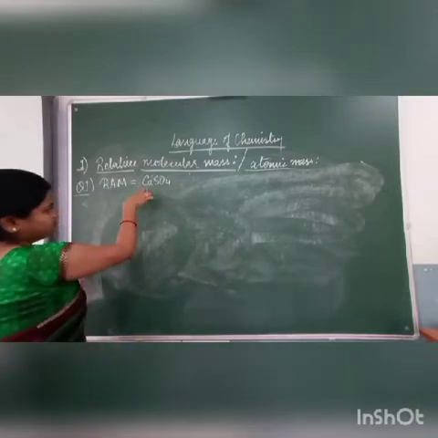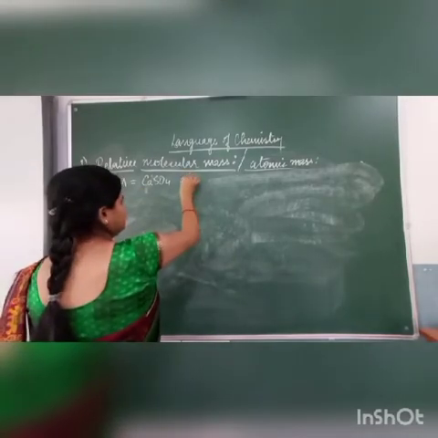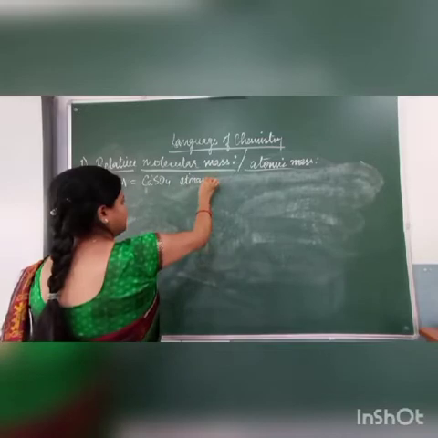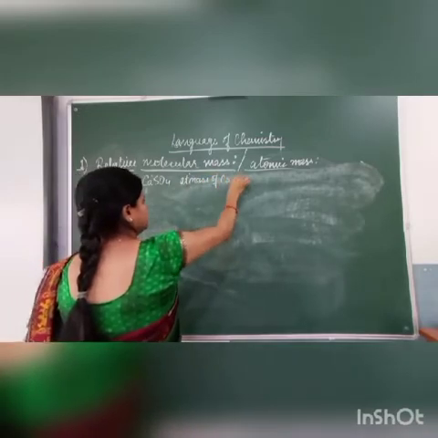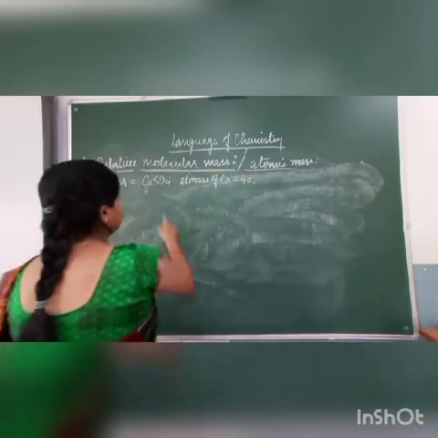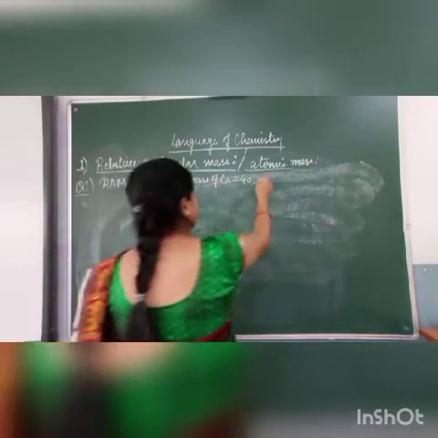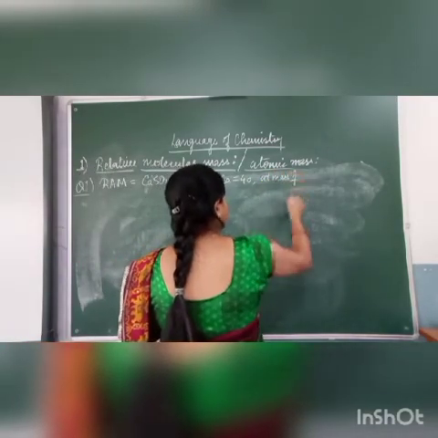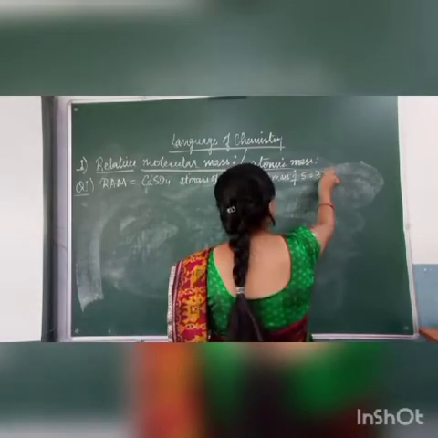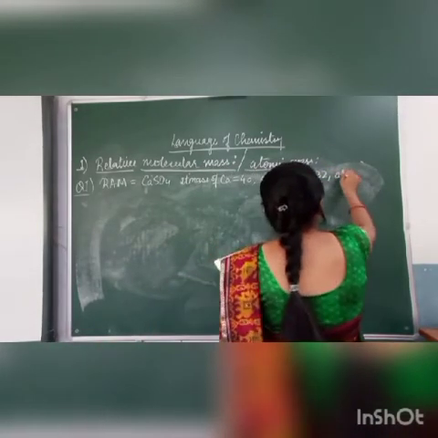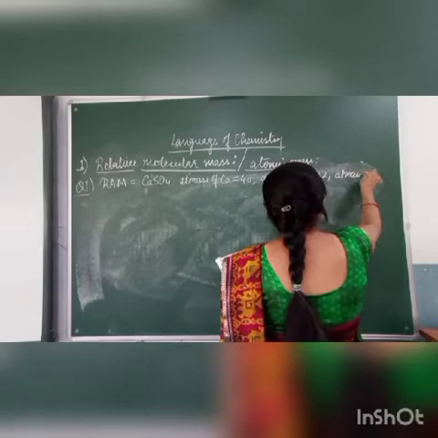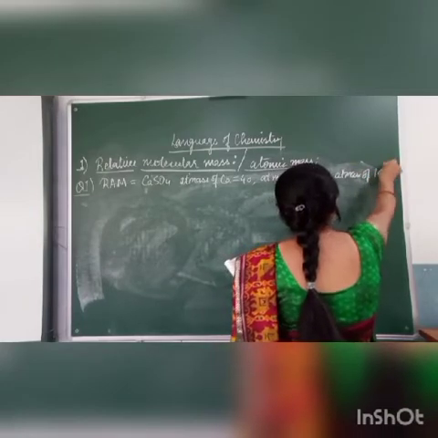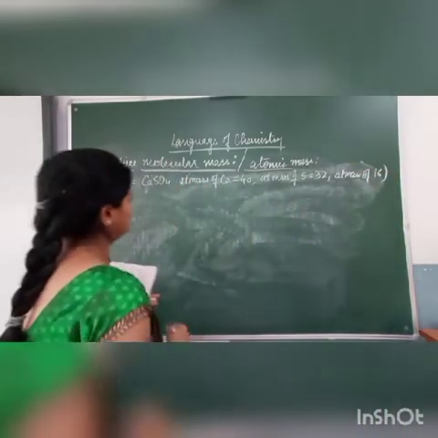Okay. Their atomic mass of calcium is 40. Okay. Then atomic mass of sulfur is 32. And atomic mass of oxygen is 16. Okay.